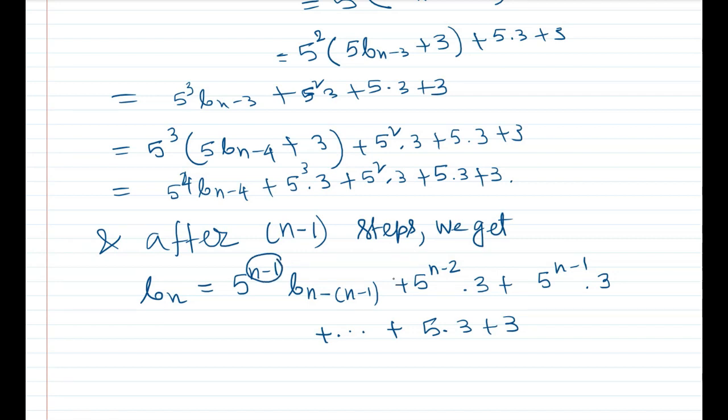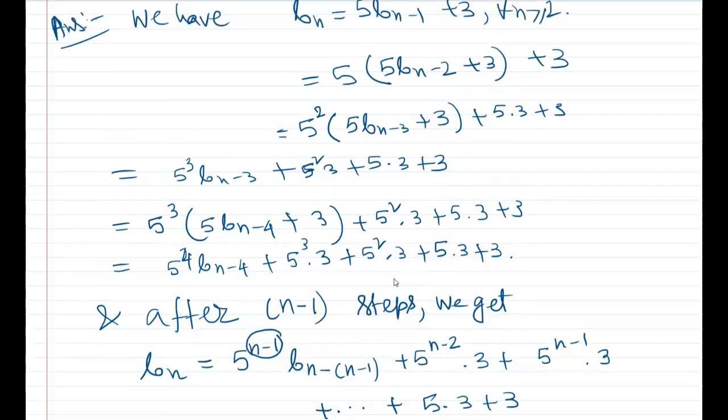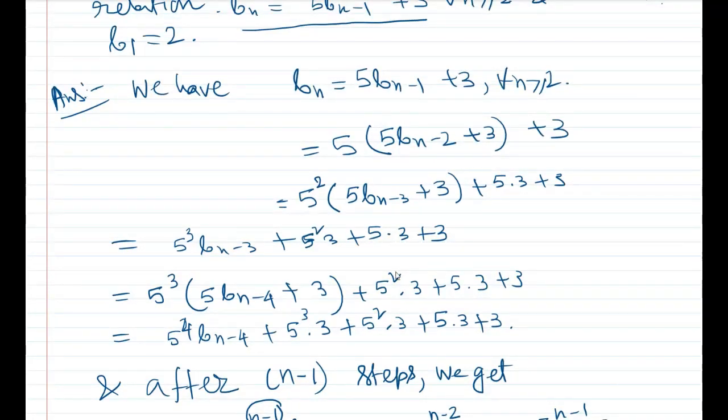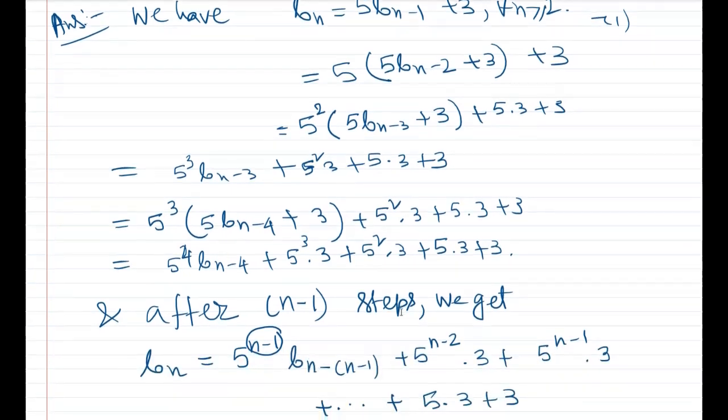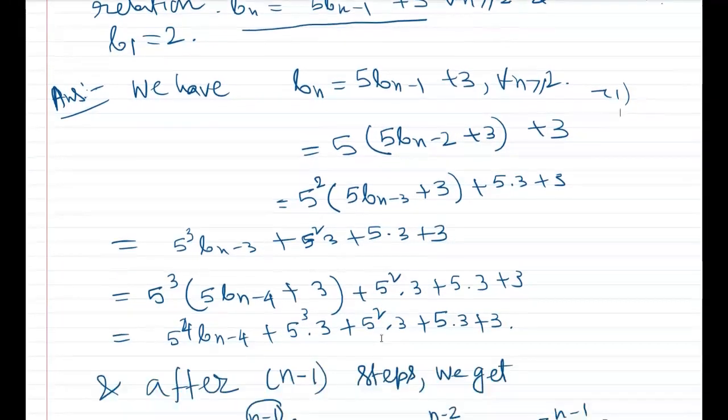See, in the first step we have 5 to the power 1. In the second step we actually have 5 square as the coefficient of bn minus 2.